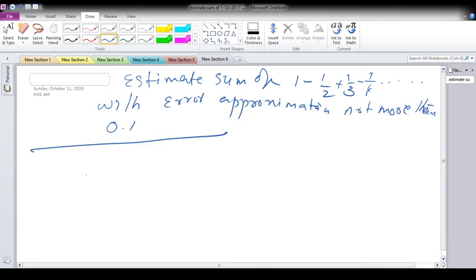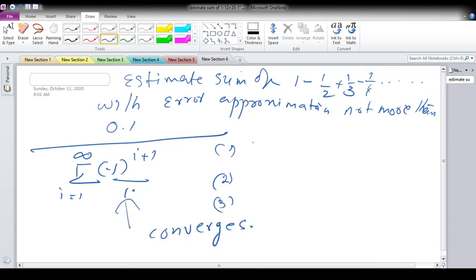So we take the alternating series that can be written as summation (-1)^(i+1)/i, i equal to 1 to infinity. This is an alternating series: positive and negative signs come alternately, second, the terms are decreasing, and third, they tend to 0. So this is an alternating series, so this series converges.